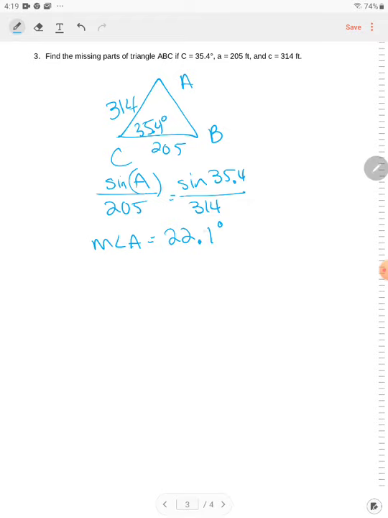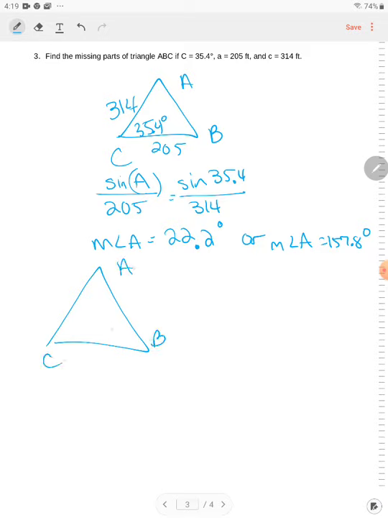Actually, I thought I made a math error here. If we use the information I have, it's going to be 22.2 degrees. So again, assume two triangles: one where the measure of angle A is 22.2, or the measure of angle A is 180 minus 22.2, which is 157.8 degrees to be exact.